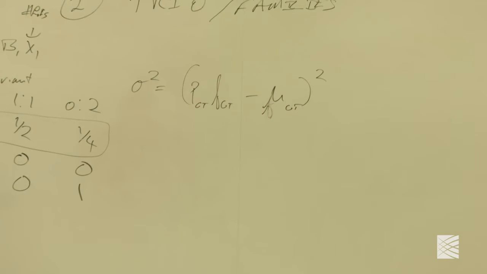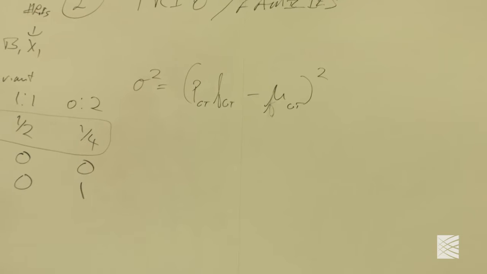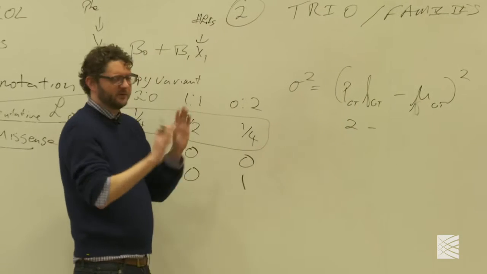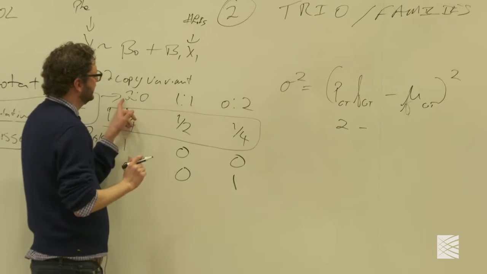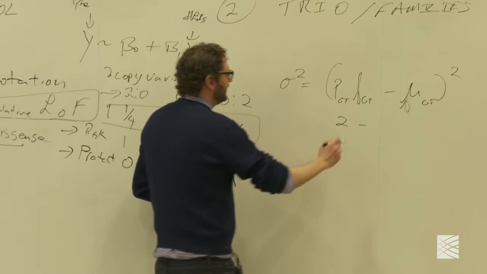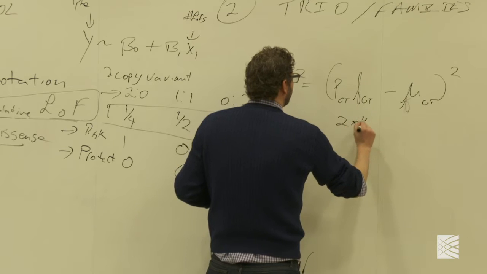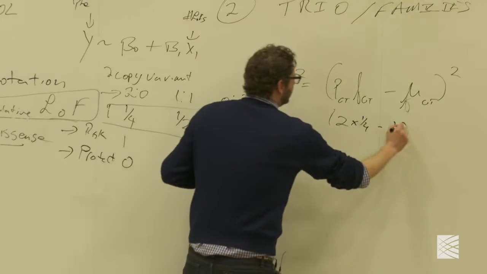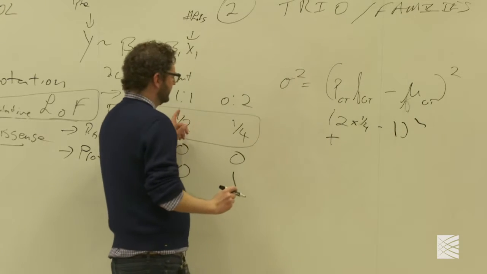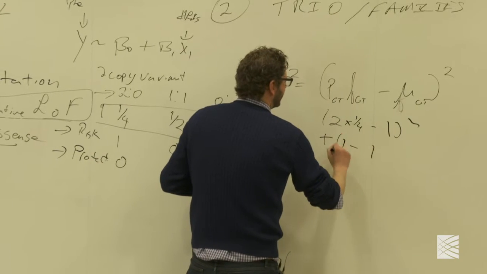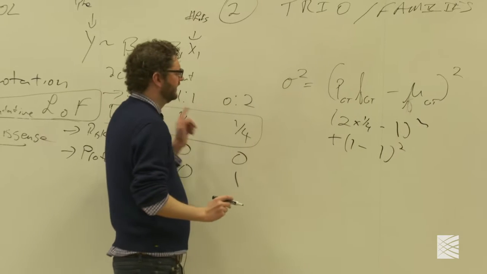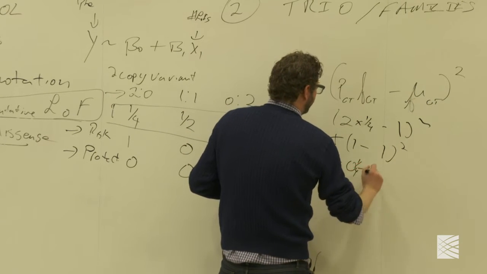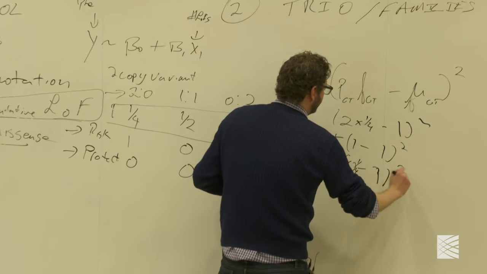And so in this circumstance, our variance is nice and straightforward. We would do, for the count of alleles in cases, 2 times a quarter minus 1, quantity squared, plus 1 minus 1, because that's our average number of alleles, quantity squared, plus 0 times a quarter minus 1, quantity squared.